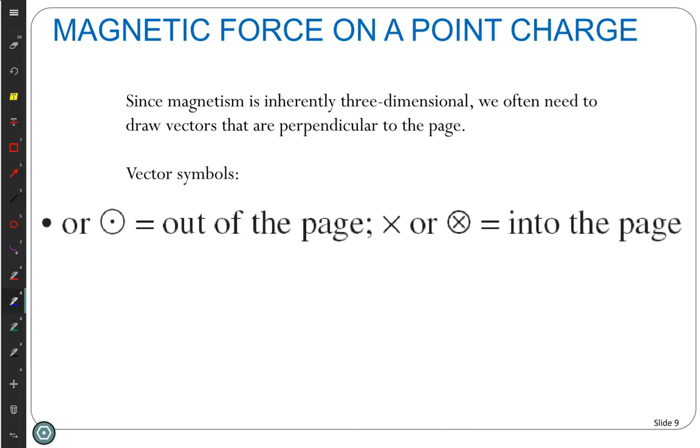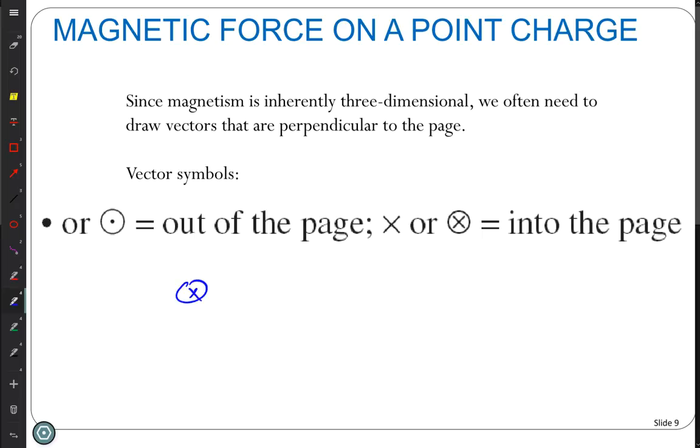Direction symbols. We've moved into an area where we're going to be doing a lot of stuff in all three dimensions now. Because the velocity, the magnetic field, and the force are perpendicular, that's going to require 3 dimensions. And so for symbols, when we're indicating into or out of the page, into the page is a circle with an X in it. Or this shows an X by itself, but almost always it's going to be a circle with an X in it.